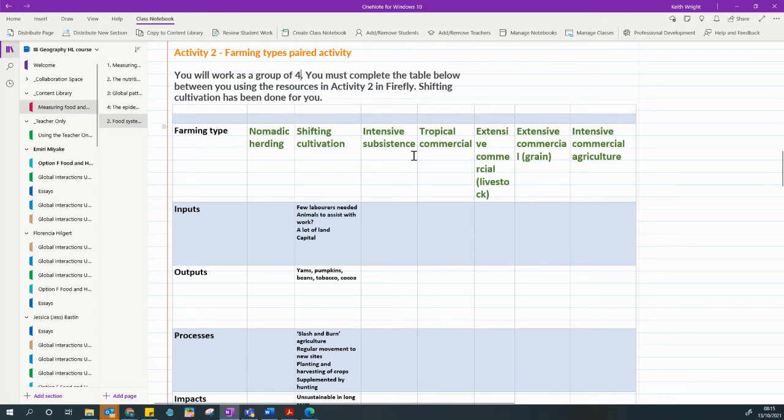There's only 1, 2, 3, 4, 5, 6 to do. Talk to each other and make sure you've all got a table filled in of these different types of farming.